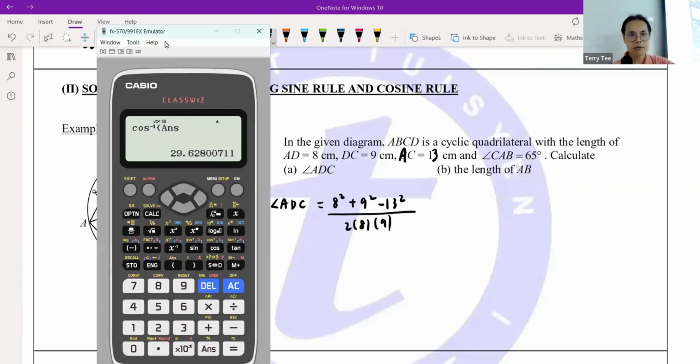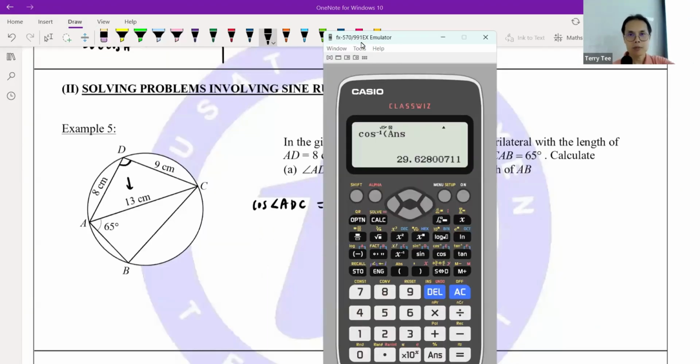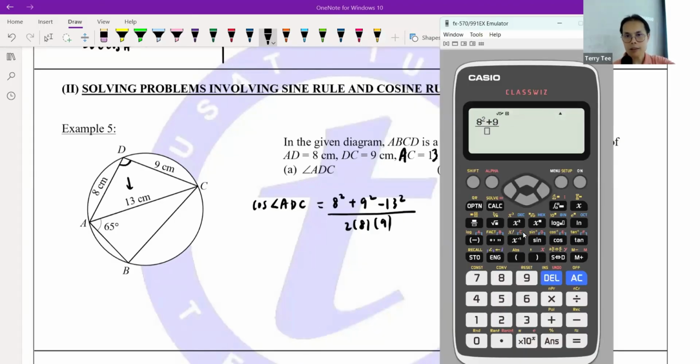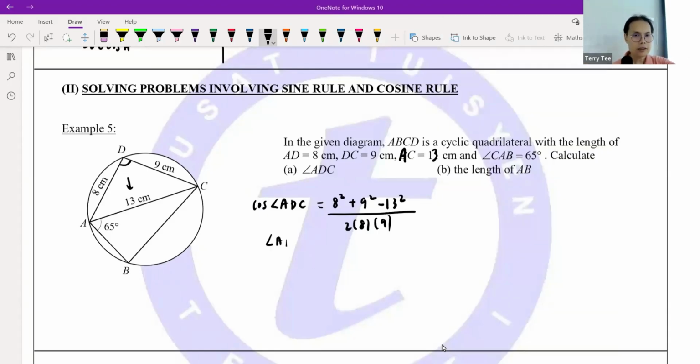Use your calculator. 8 square plus 9 square minus 13 square, divide 2 times 8 times 9. Whatever I get here, shift cos answer. Now notice that this is an obtuse angle, 99.59. Angle ADC is 99.59.